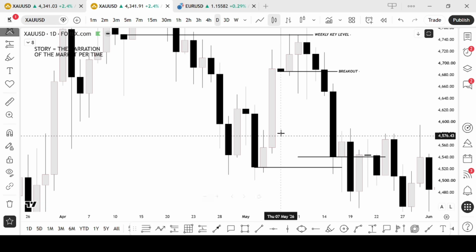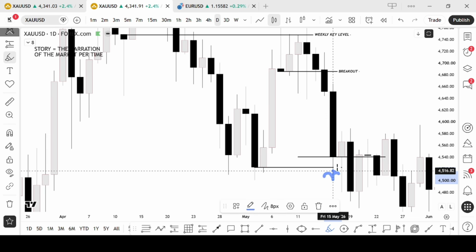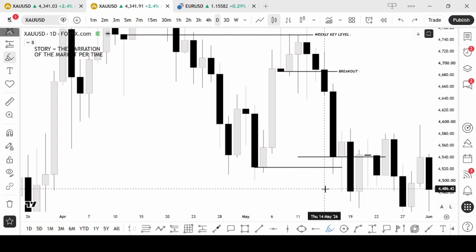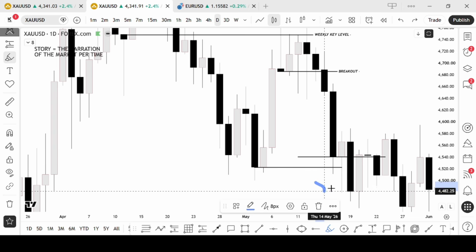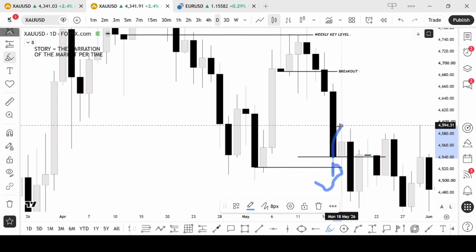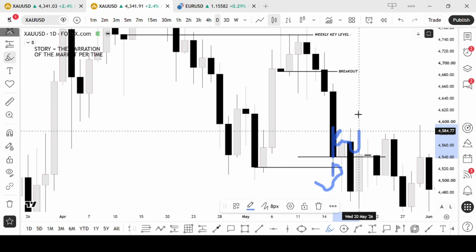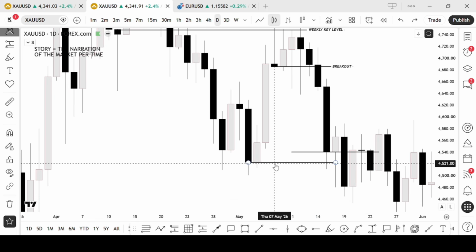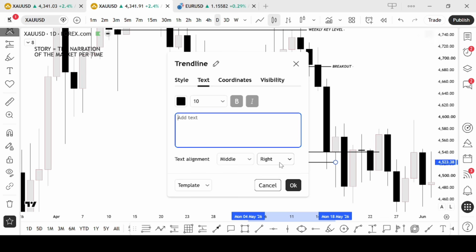Marking daily key levels, you want to see price react from that, because price will likely react from that. And if price wants to change bias, if price wants to change storyline, MSNR storyline, then all it will do is react, reject, and create another storyline to the upside. Do you understand? So for example, this is a daily key level.